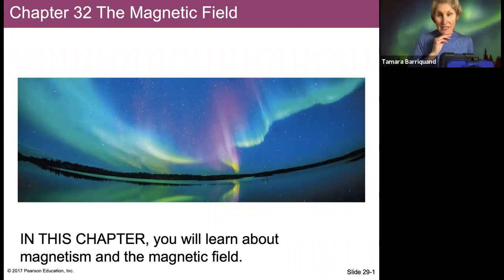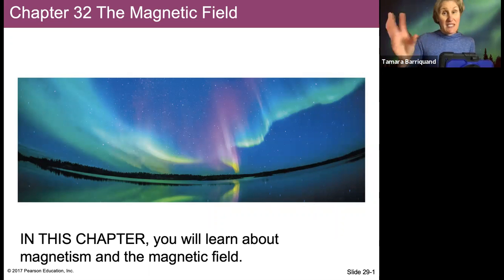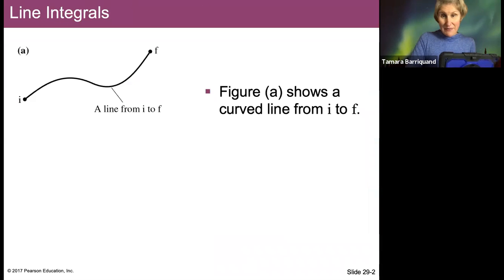Now we're going to do something similar with magnetic fields. We're going to start by reviewing a line integral, and that will help us develop something similar to Gauss's law. It's called Ampère's law.